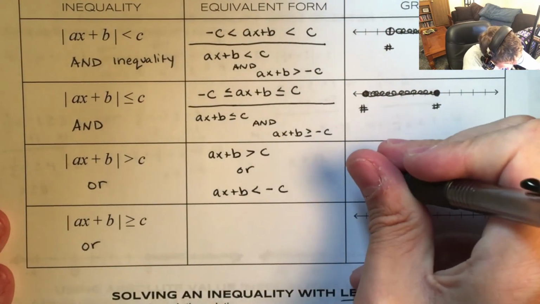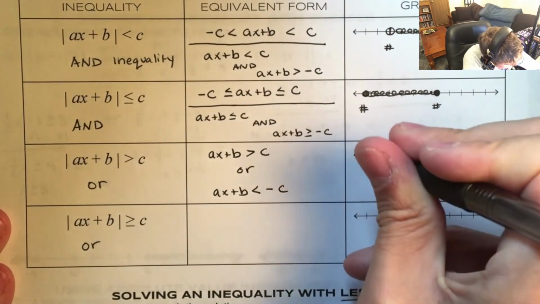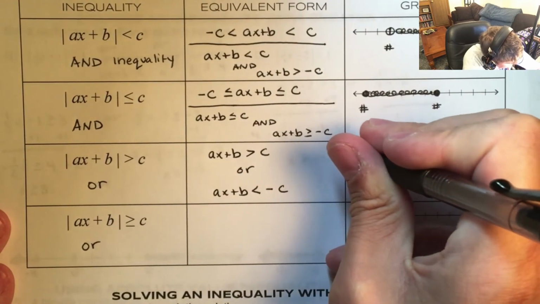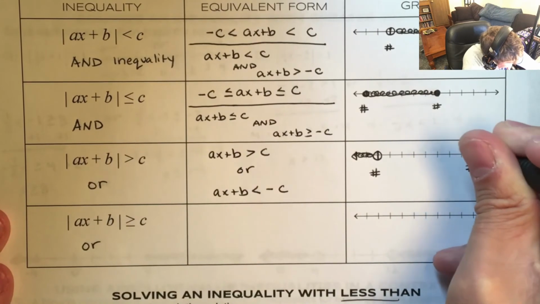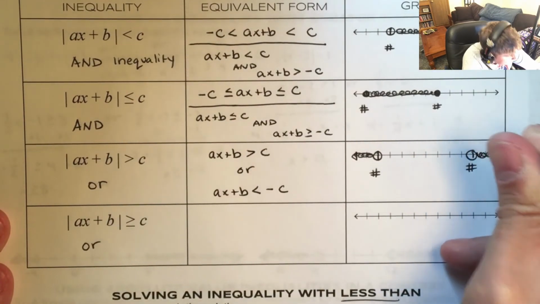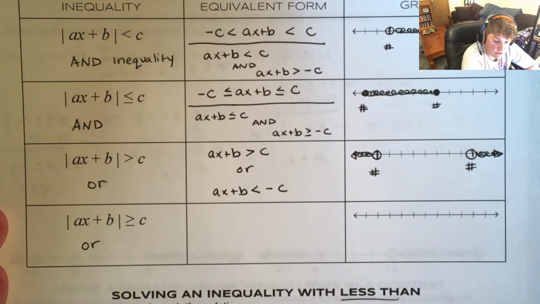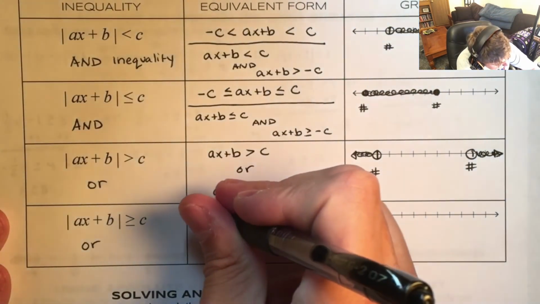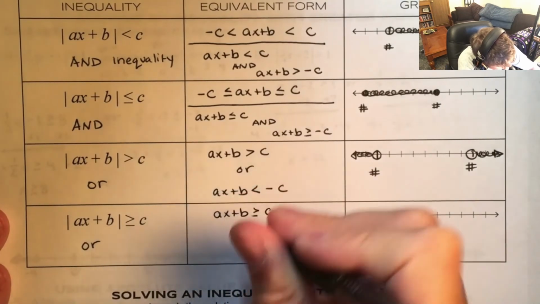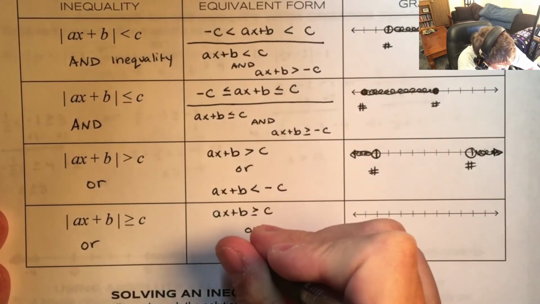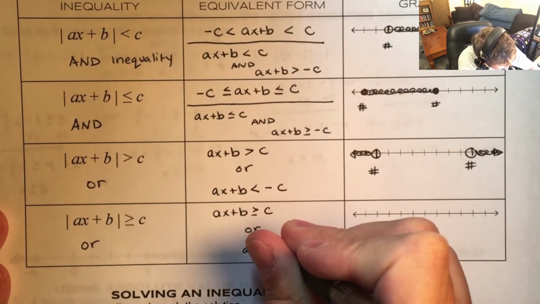Again, we're going to have some number here, open circle, and then here, some number. I don't know what those numbers are going to be, and they're shooting out. This one's the exact same thing with or equal to signs.